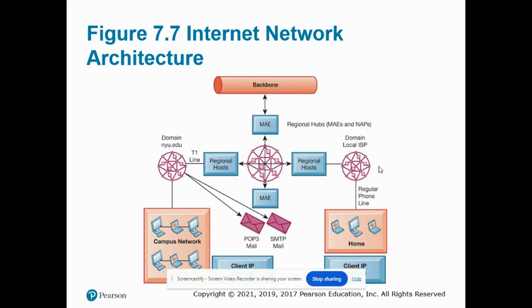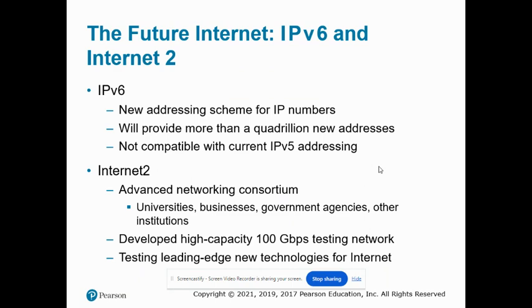Note that MAEs are hubs where the backbone intersects regional and local networks and where backbone networks connect with one another. The internet is over 50 years old and approaching the limits of early design decisions. IPv6 will provide trillions of new addresses, and higher speed networks will provide additional transmission capacity.